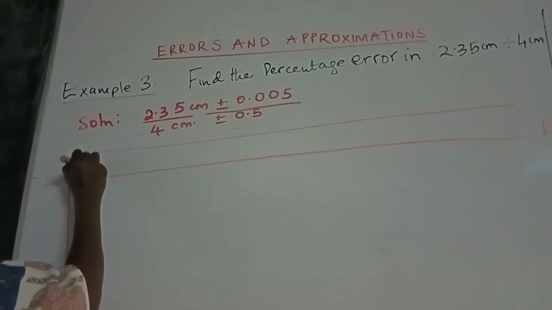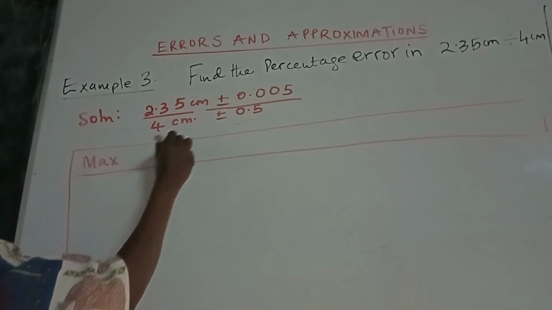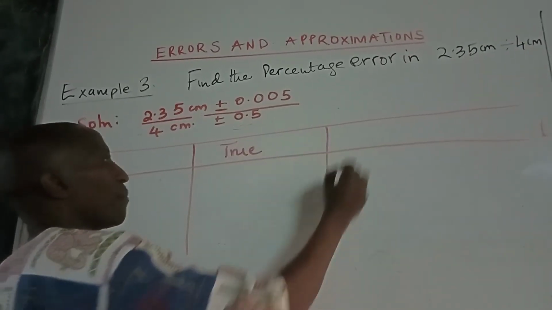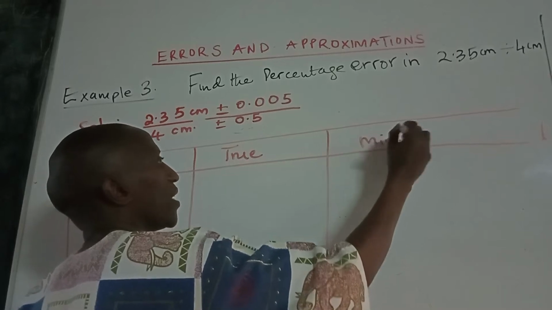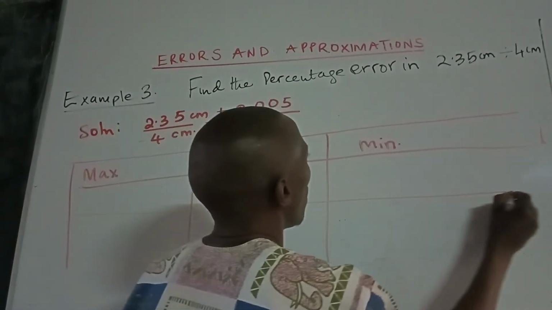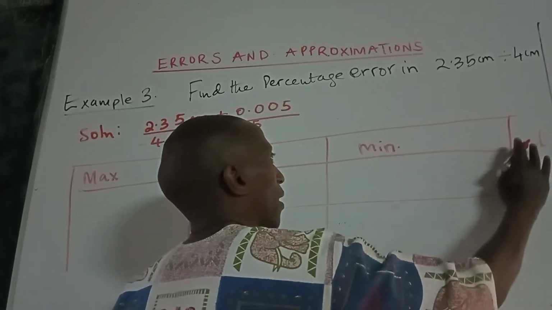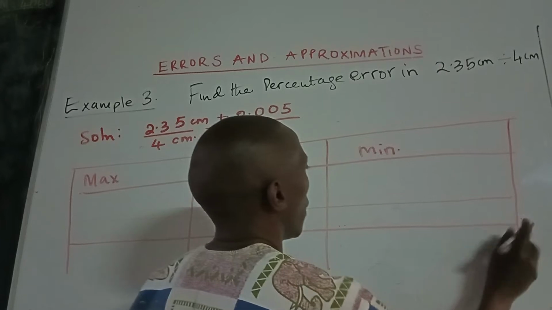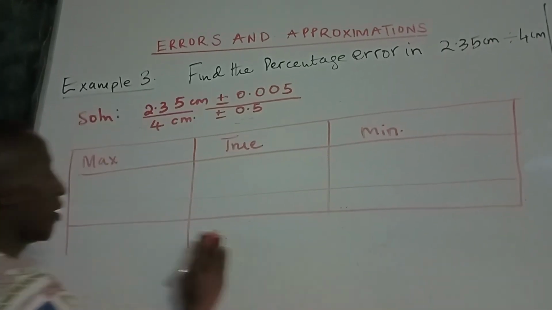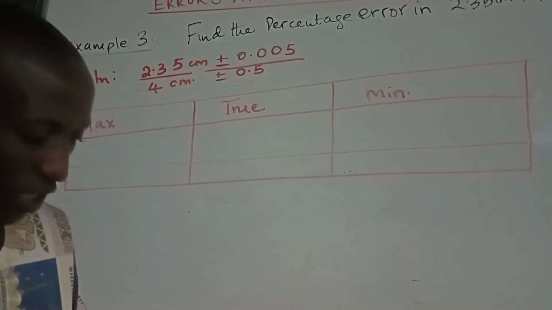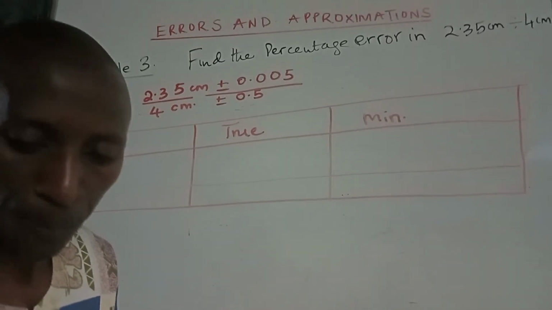We have maximum, we have true, and we have minimum, for each of these two values. That will be our table, and we can show these two values there.